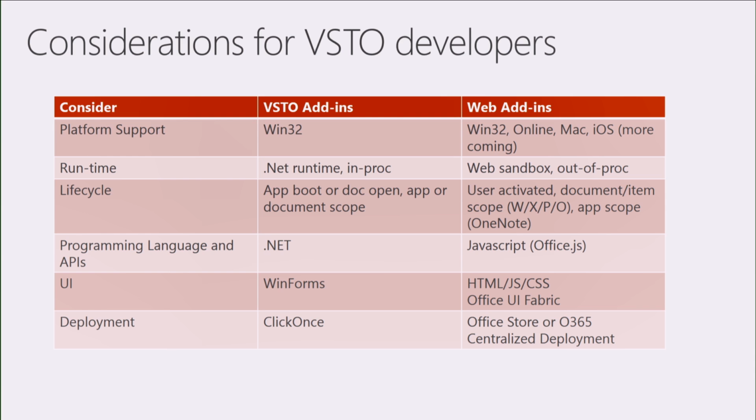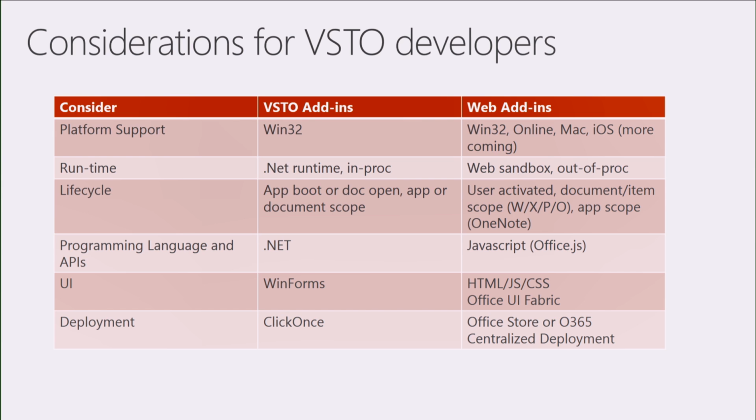And it actually runs out of proc, and it gives you a little bit more isolation and stability for the Office application itself. The life cycle is also something that you will need to consider. In the case of VSTO add-ins, they run at boot, so your code is always running. Whereas in the case of web add-ins, they are launched on demand. So the user actually needs to launch the add-in so that any code from the add-in is running, but both add-ins can interact with the document.